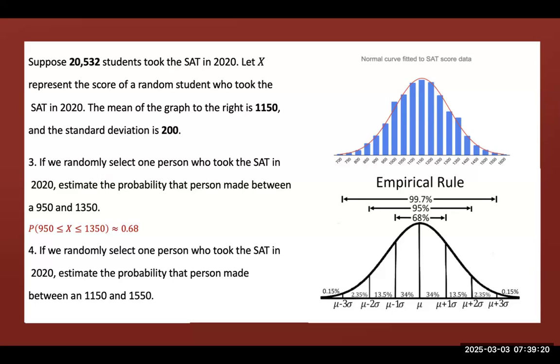Between mu and mu plus 2 sigma are the areas 0.34 and 0.135. So we just add those together. Remember, we're finding the area under the curve. We add 0.34 and 0.135 together and we get 0.475.